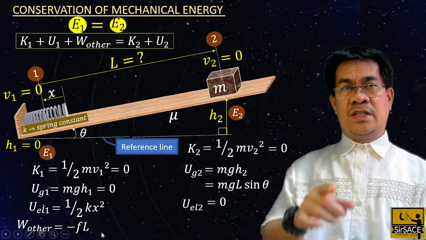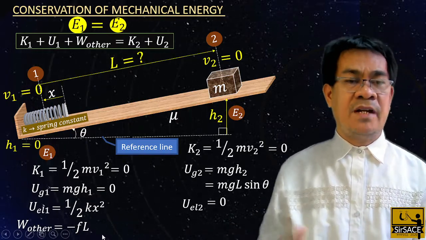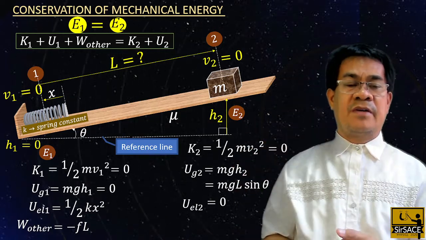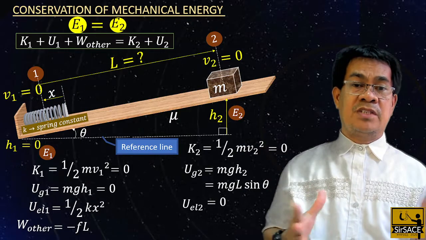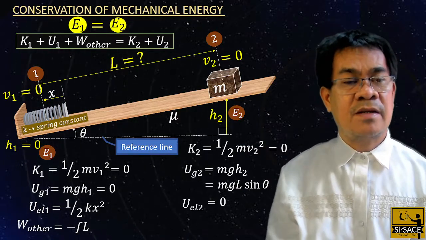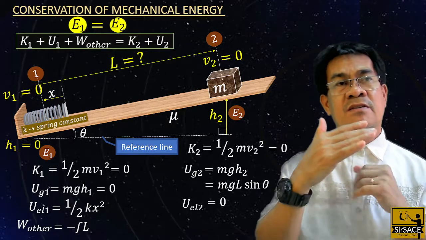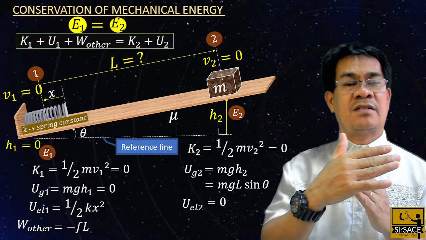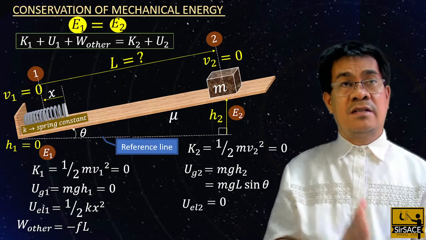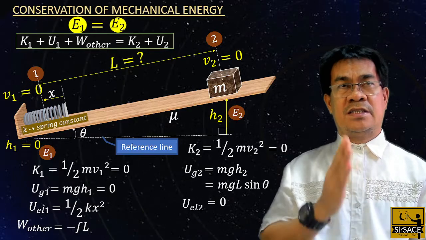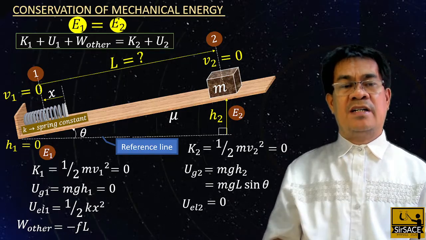But take note, what is friction? By formula, friction is the product of the coefficient of kinetic friction multiplied by the normal force. The normal force is the force against and perpendicular to the object in contact. And take note that the normal force for the inclined plane is mg cosine theta.